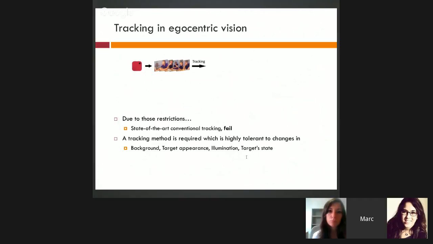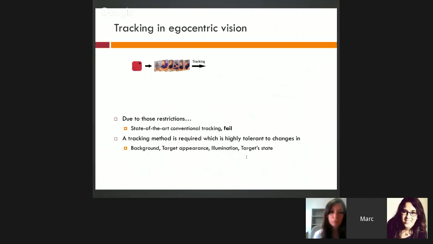A primary step towards any human behavior analysis in computer vision is first to localize them in the images and in the videos. Once you do it over time, it is simply called tracking. So the first step of this work also is to track the people in the images. But due to all those challenges that I already mentioned, all of the state-of-the-art trackers failed.